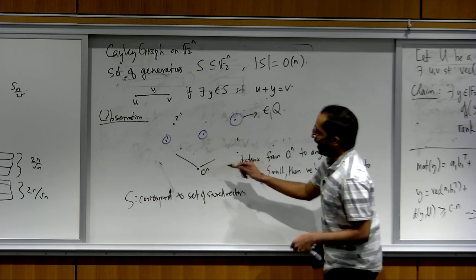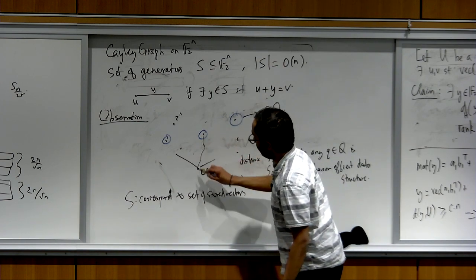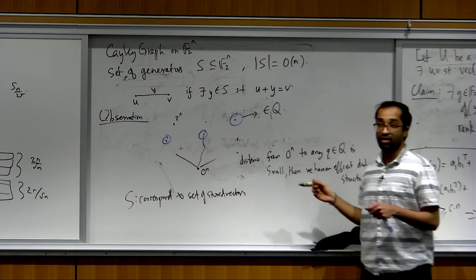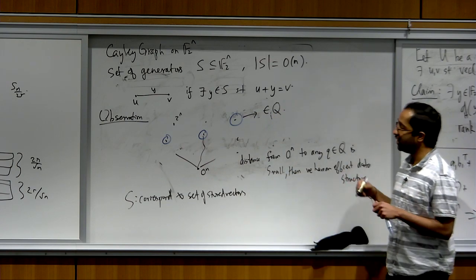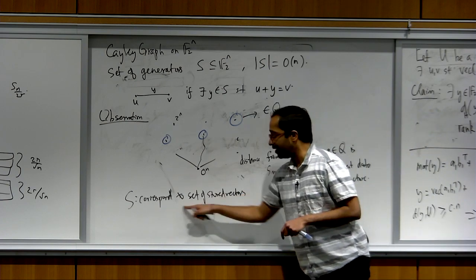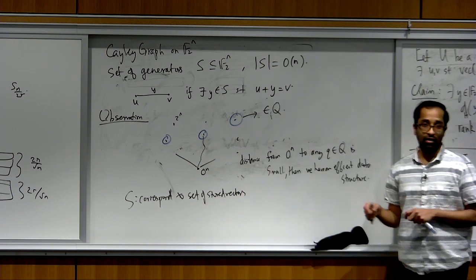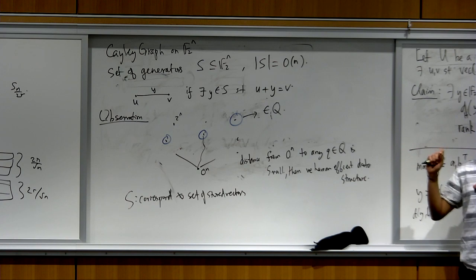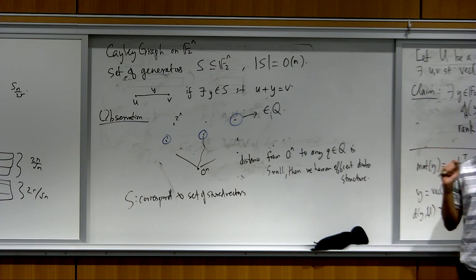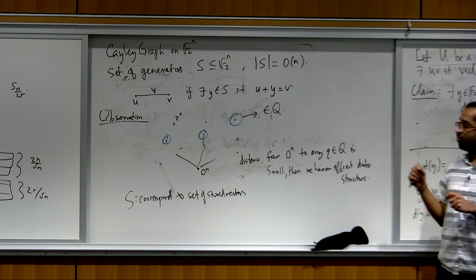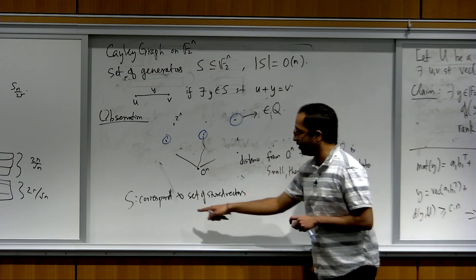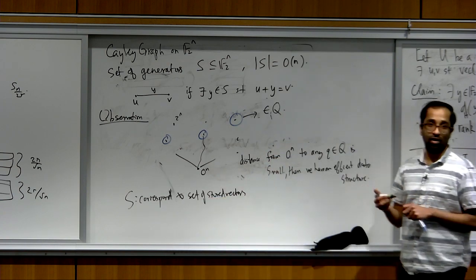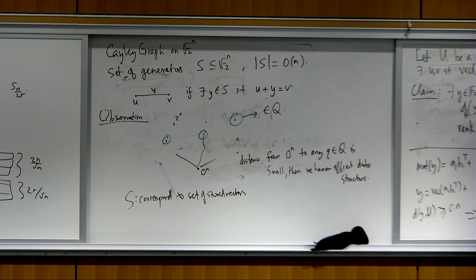So every path in this Cayley graph from the origin to your point in the set corresponds to a linear combination of a subset of vectors from S, right? And the path length exactly corresponds to the number of vectors in the linear combination. If that is small for all of them, then you can express your set Q using just a small number of vectors, which corresponds to the query time T.